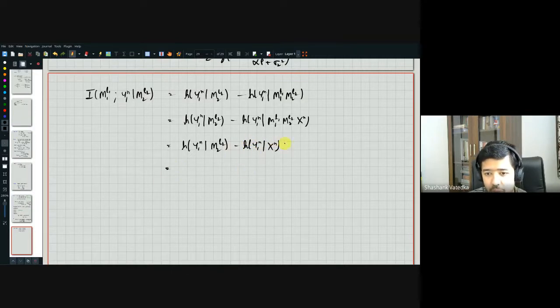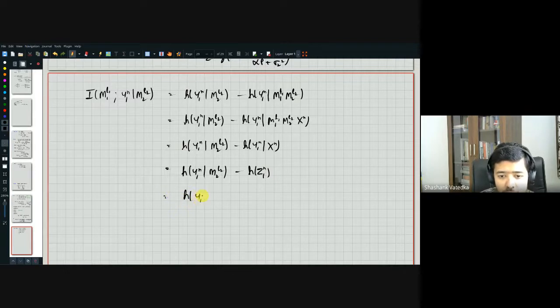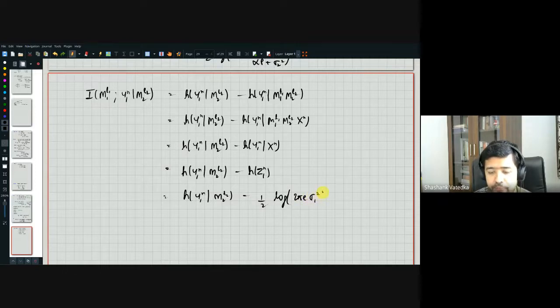But we know that h of y1 given xn is basically h of z1n, which is half log 2 pi e times sigma 1 square. Okay, so we have this.